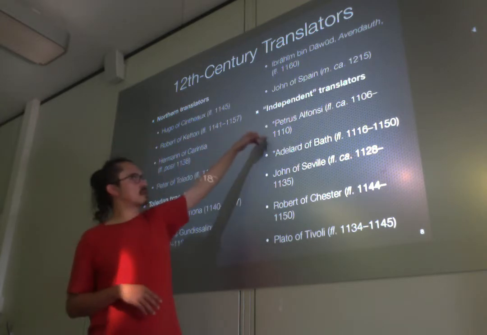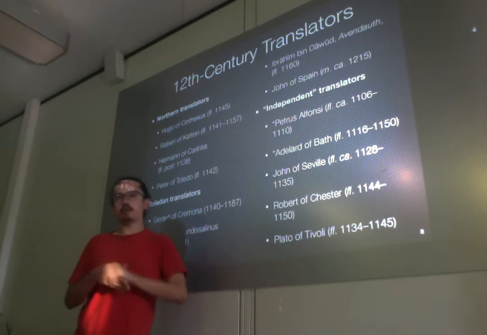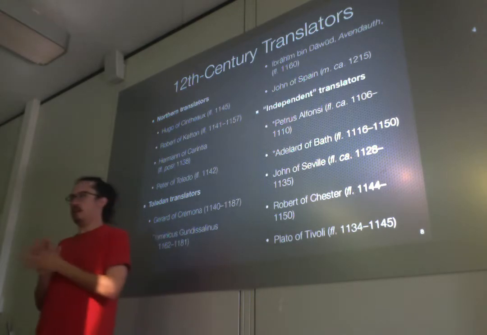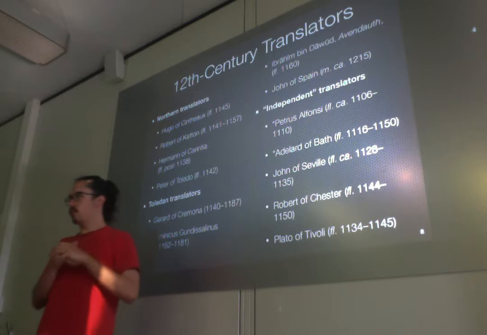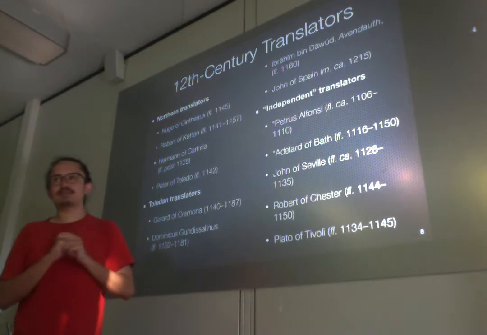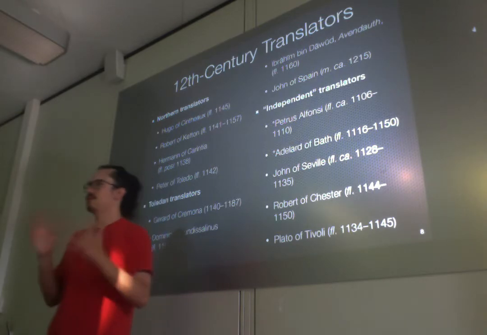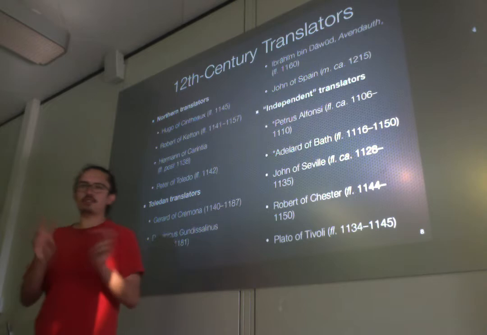Petrus Alfonsi was a Jewish convert who was born in Huesca, and then he traveled north to France and to England. We actually have this Epistola ad Peripateticos Francos or something like that, which is kind of an advertisement.